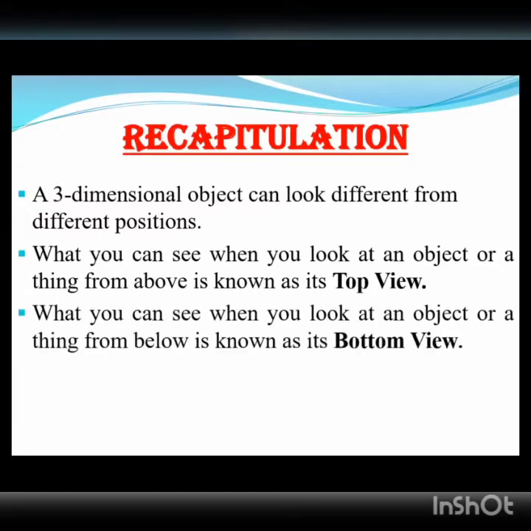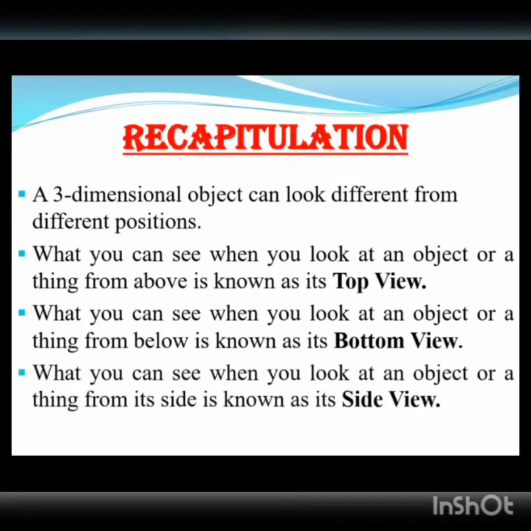What you can see when you look at an object or a thing from below is known as its bottom view. And what you can see when you look at an object or a thing from its side is known as its side view.